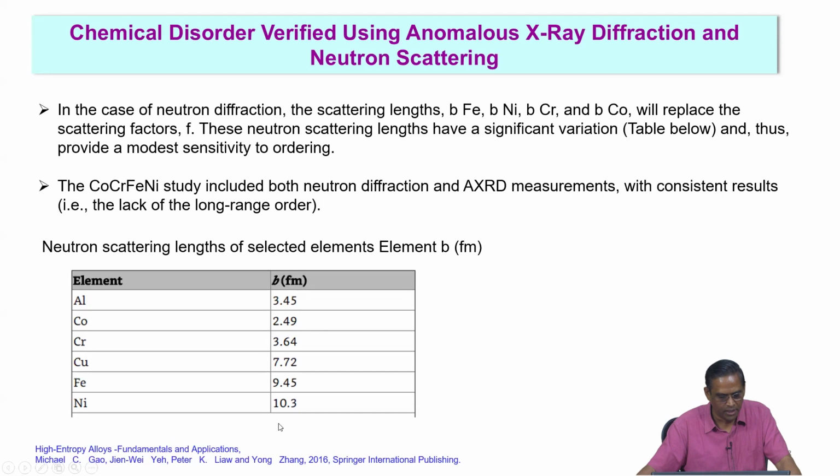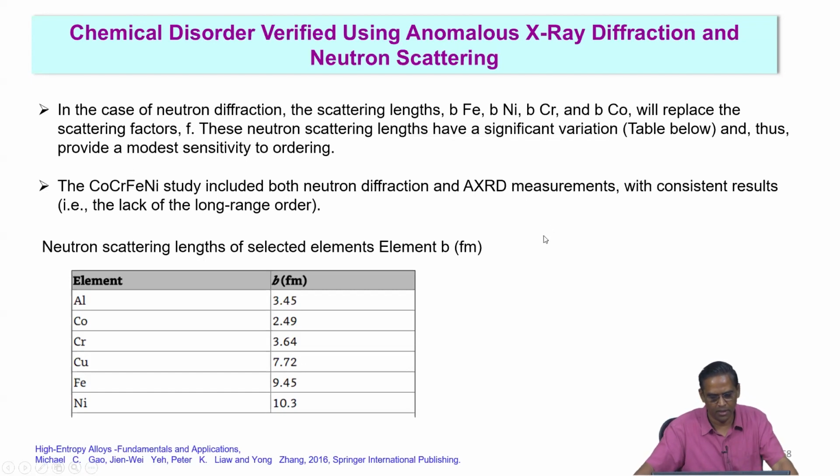Definitely when you have this kind of variation, it will provide a modest sensitivity to ordering. So, the study on this alloy, with both neutron diffraction and AXRD measurements giving consistent results, shows the alloy lacks a long range order.